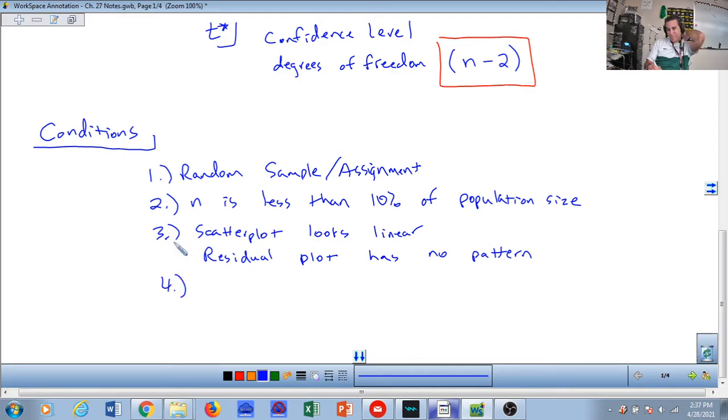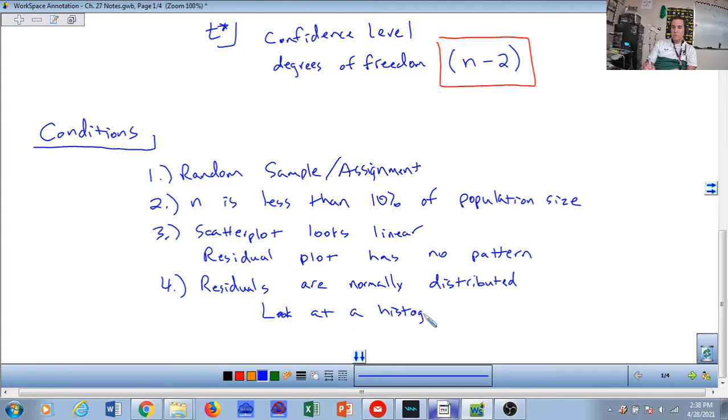And then the only other thing we talk about, this is a weird one, is the residuals are normally distributed, which means you probably should look at, if you have the data, a histogram of the residuals. If you don't have the data, you don't have to do this.